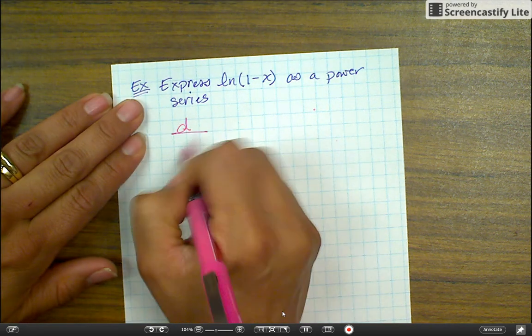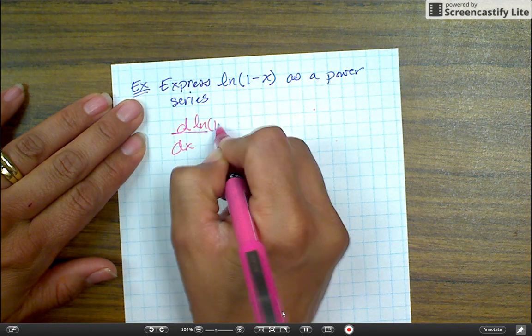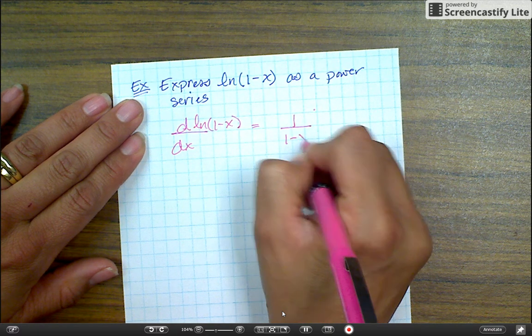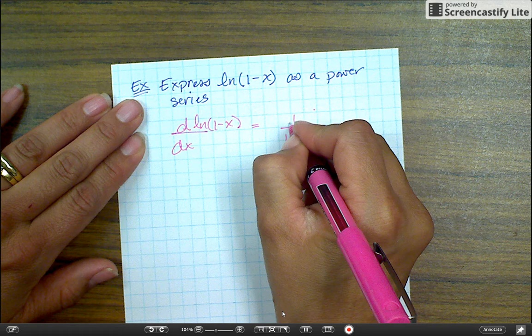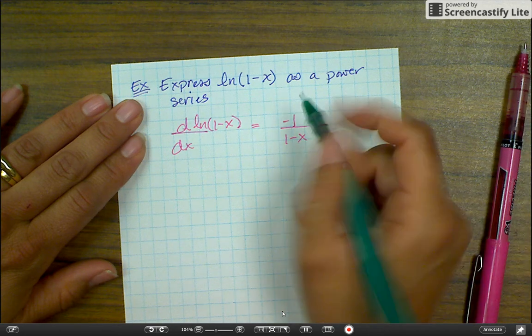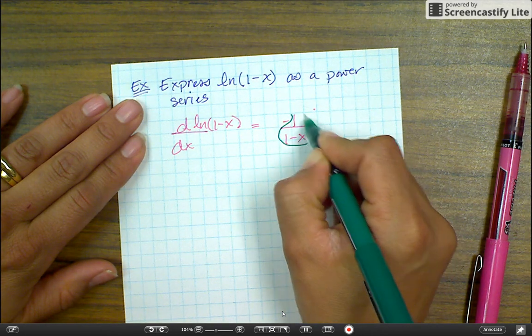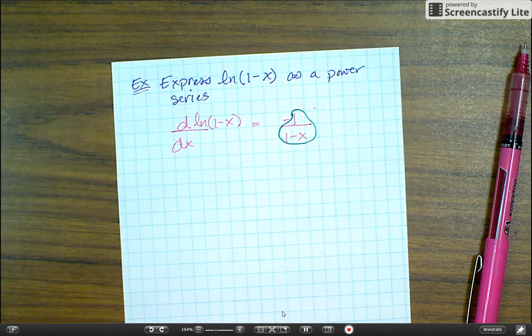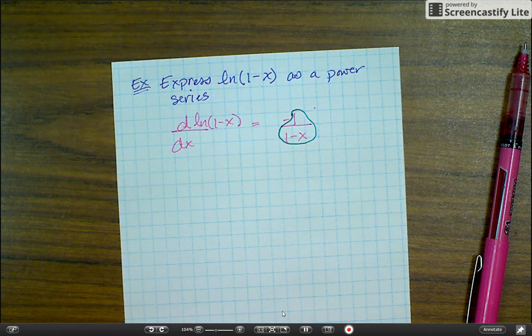The derivative with respect to x of natural log of 1 minus x is equal to 1 over 1 minus x, and then take the derivative of that, and that's going to give us -1, right? So we know what the power series is for this part. All we need to do is put a negative in front of that, right?